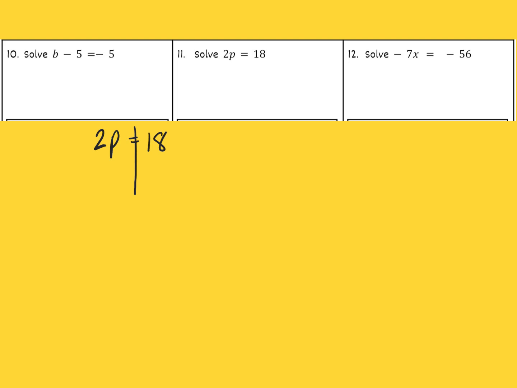We have to use the opposite operation to get rid of the coefficient with p. Since p is being multiplied by 2, instead we're going to divide by 2. Our second step says that what we do to the left side, we have to do to the right side, because we have to keep our equation balanced.